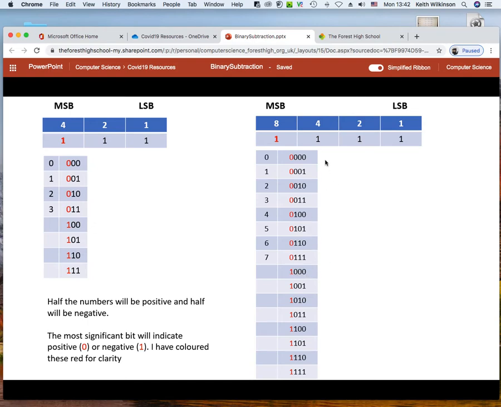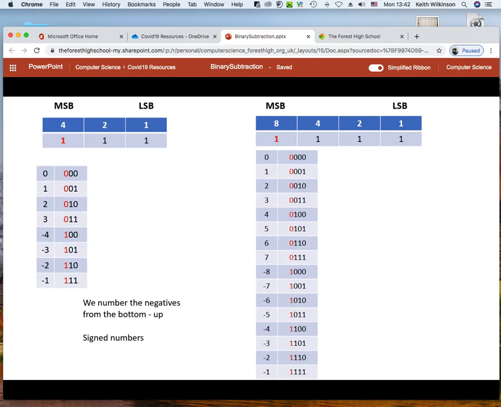But because there are 16 distinct numbers, if I want to represent positive and negative numbers, half of them are going to be positive, half of them are going to be negative. That's 8 positive, 8 negative. So at the moment, I want you just to fix that in mind, to understand that half of the numbers are negative, half the numbers are positive if we have signed binary.